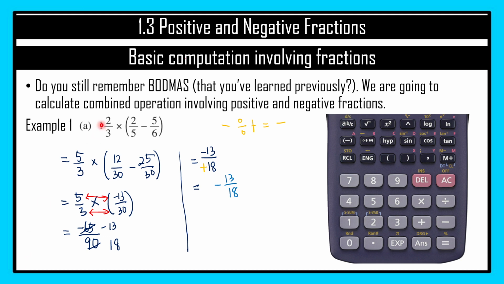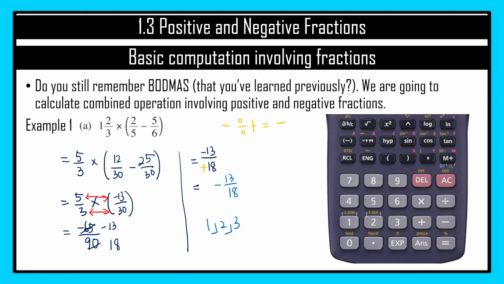First one is number 1. So 1, and then the fraction button, A B over C. 2, press again, 3. Now on your calculator screen, you should be getting 1, 2, 3 like this. Okay, do not panic. The calculator knows.